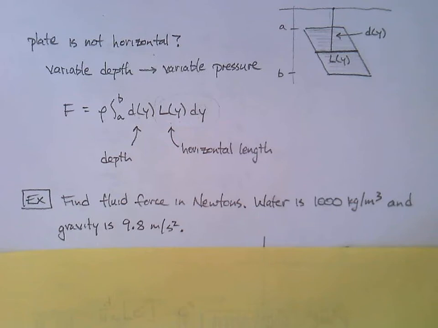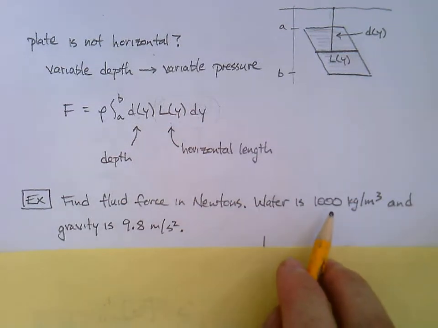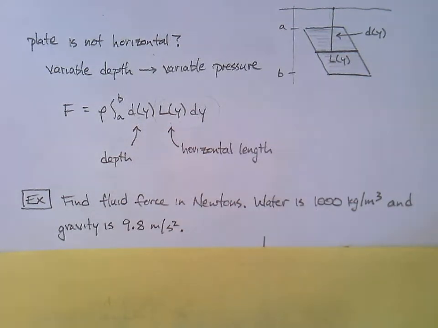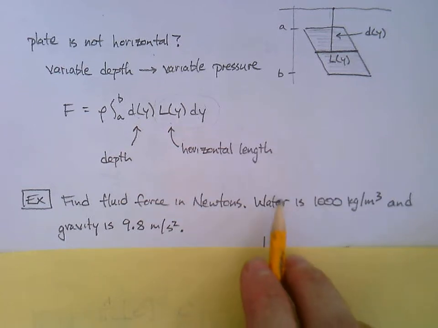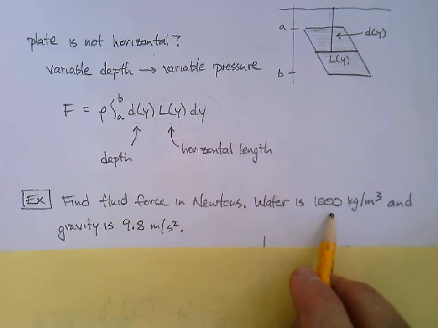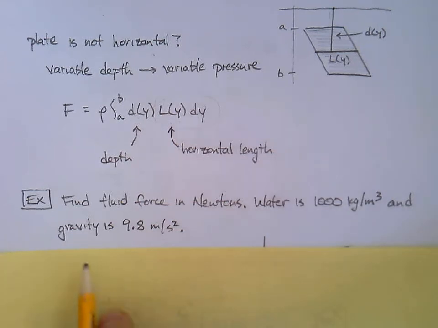I'm always going to provide you guys with these sort of numbers. So I'll always tell you in a problem, in a quiz or a test, what exactly these constants are. So water is 1,000 kilograms per meter cubed. And then I'll always remind you, if we're using metric, that for gravity we'll just use 9.8.